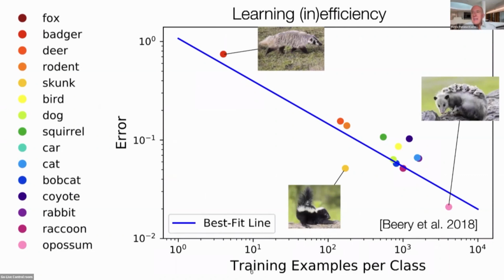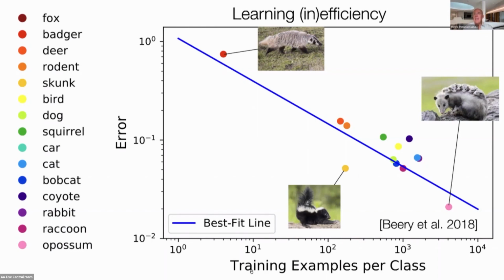What we see here is 2 important things. One is that when the number of training examples is large, 10 to the 4 on the extreme right of the monitor, then the performance is extraordinarily good, about 1% error rate in classifying these animals. But when we have, say, 10 training examples, then performance is terrible. The error rate goes up to 80%.